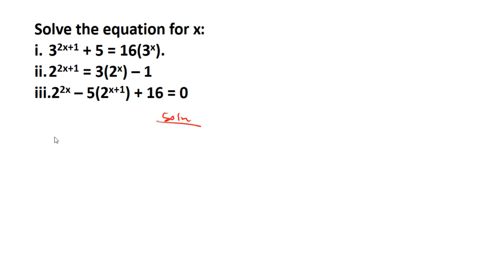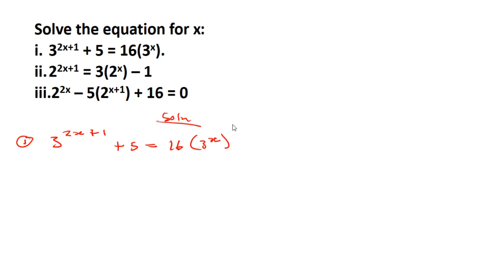In this case, we have been given that expression. So I'm just going to rewrite it, which is 3 to the power 2x plus 1, and then plus 5 is equal to 16, and then we have 3 to the power x in brackets.